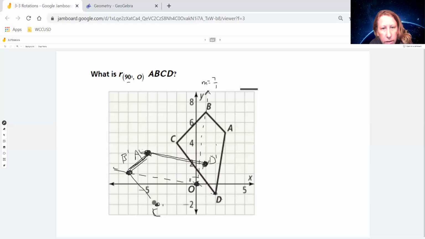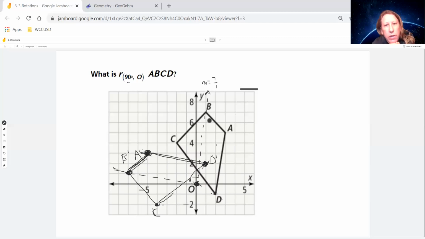Did I do it right? Wow, this shape, the image, is exactly the same size and shape as the original, but it's turned.